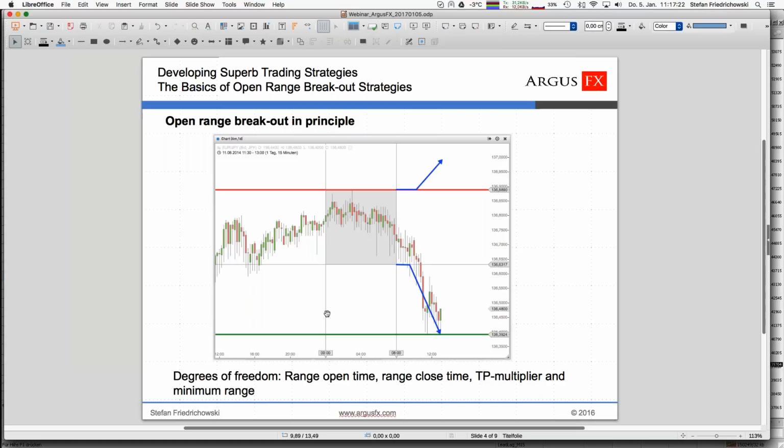There is one vertical line at 0 hour, so at midnight. This is the one with the current cursor position. And then the other vertical line has been set to 8 o'clock. And so those 2 vertical lines create the time range.